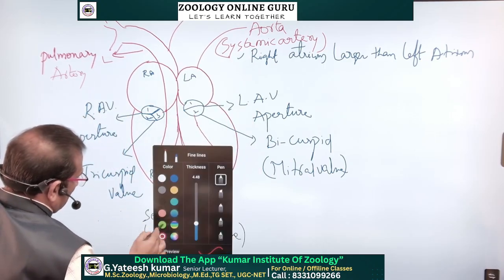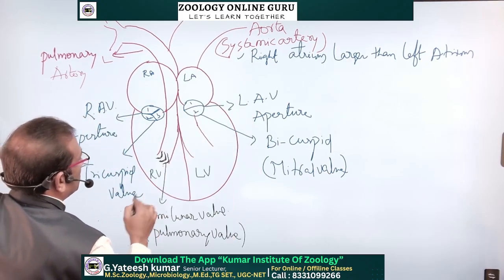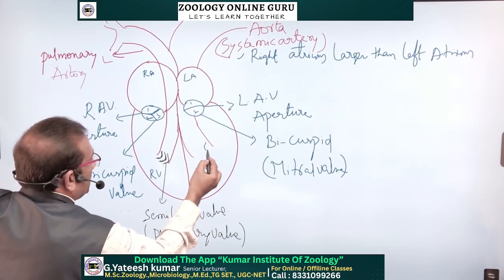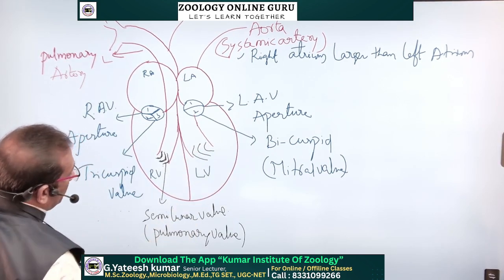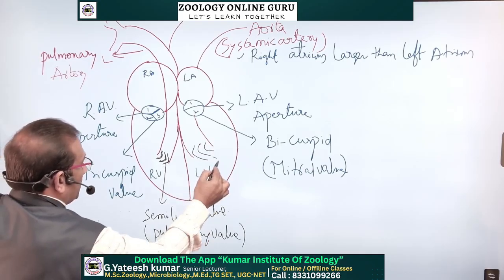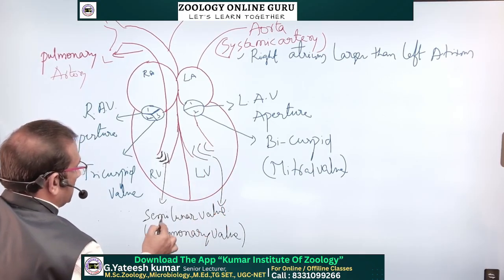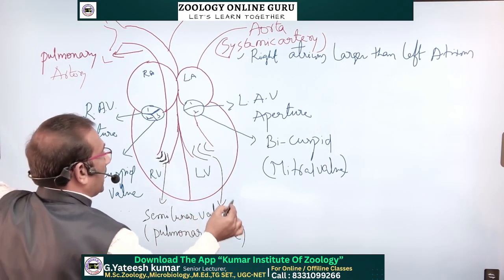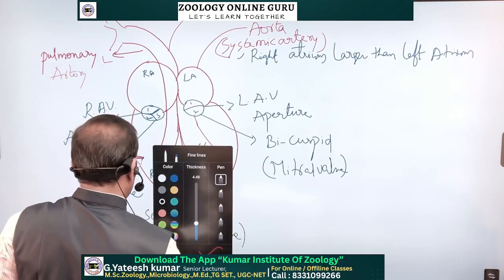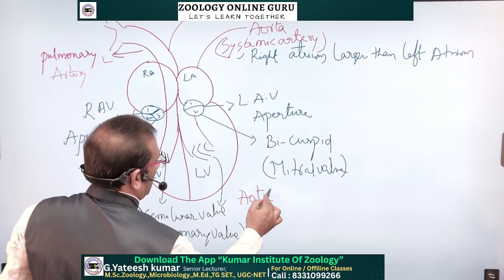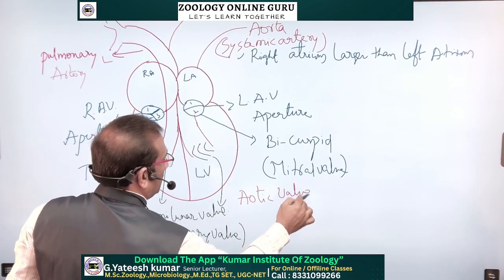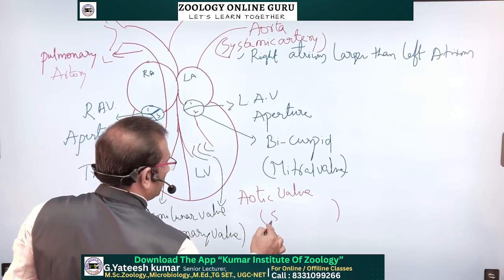And internally here also three semilunar valves are present. These are also called semilunar valves. So the name is the same, semilunar valve, but the second name is different: aortic valve, also called systemic valve.